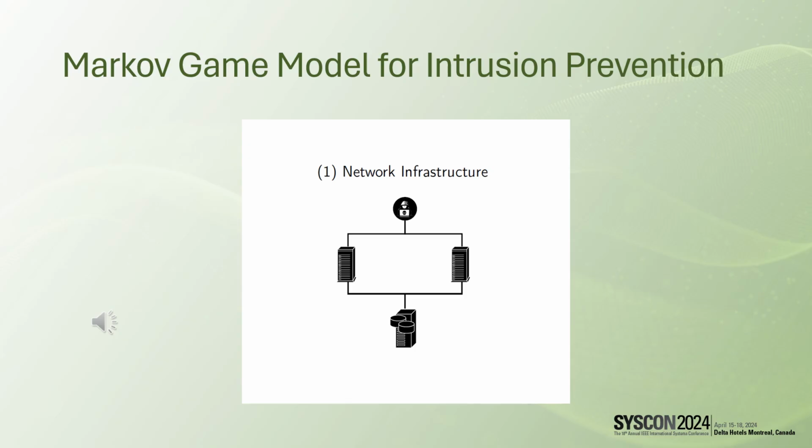For this particular use case, the basic diagram shows the network structure consisting of the following elements: routers, switches, servers, and databases, for example. This is a part of a larger presentation. Later on we'll discuss how the Markov game model can be used to simulate and prevent intrusion, in an intrusion detection and prevention system and network infrastructure.